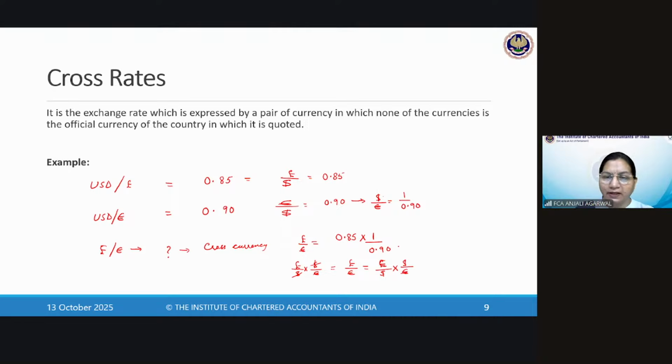Okay. And you will get the cross-currency rates. This will also be a very relevant concept when you will be doing the practical and numerical questions based on this. Sometimes whatever we are looking for, we will not get it directly. We will be using the cross rates.